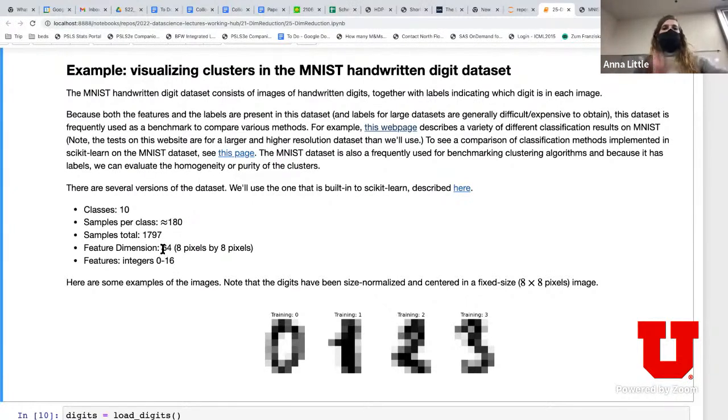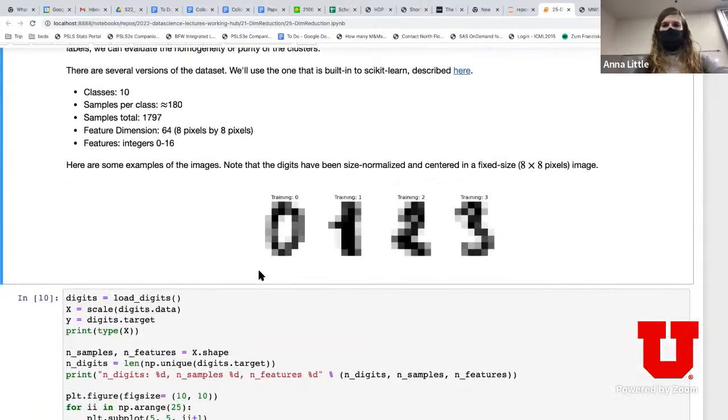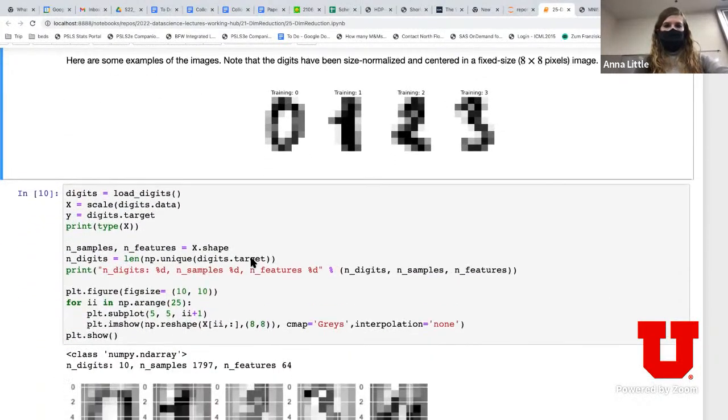Now, each data point, each image, has 64 features associated to it, lives in 64 dimensions, as it's an 8 by 8 pixel image, 64 numbers describing it. Each of those features can take on an integer value between 0 and 16. Okay, so some examples there.